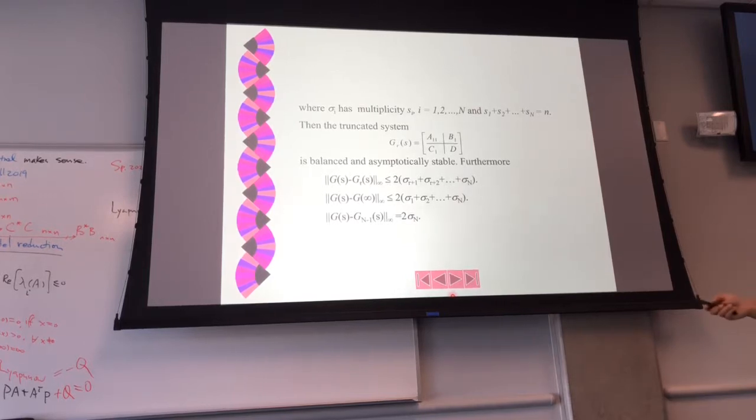And there are some further results. If the original system, this G infinity is the high frequency gain, then usually it's 0. It should be less than 1 until the end, the whole thing.